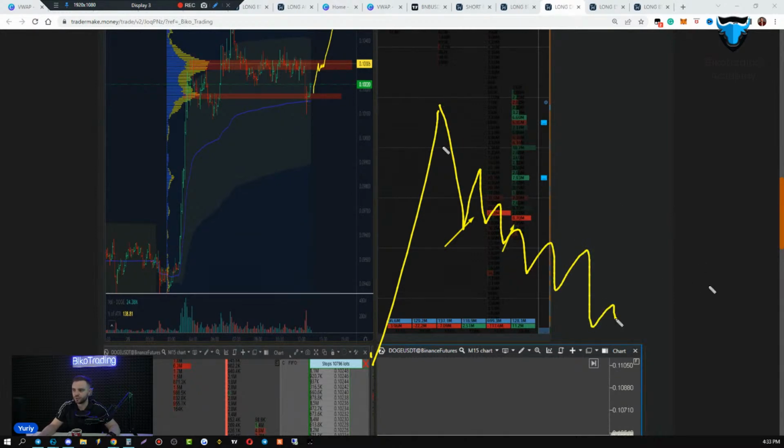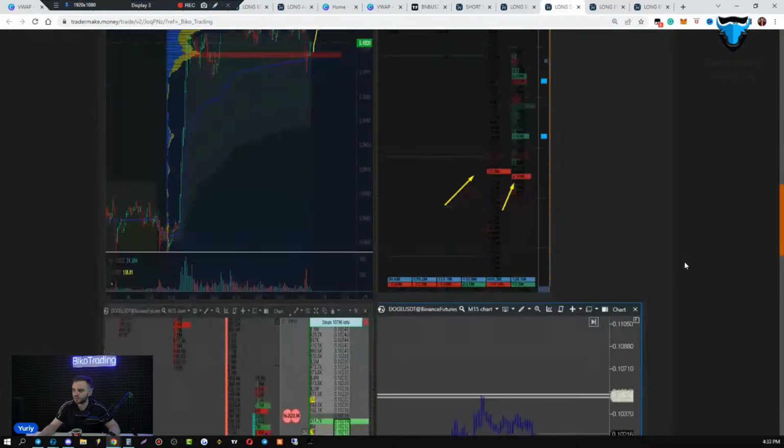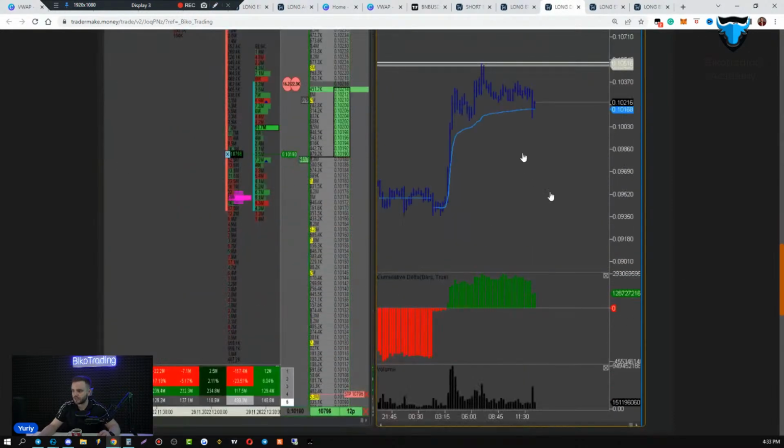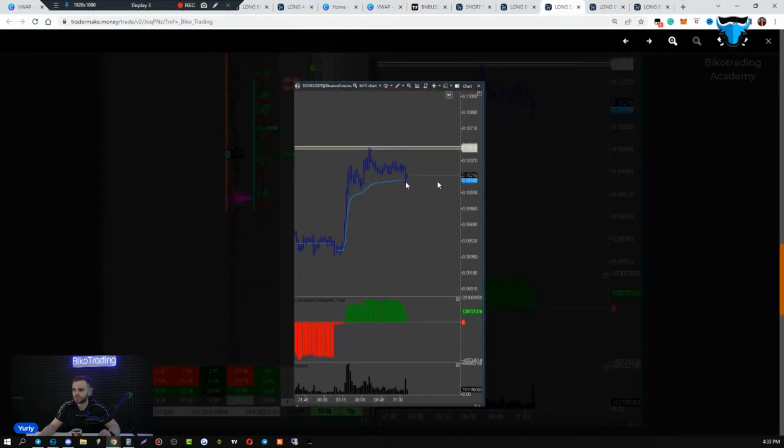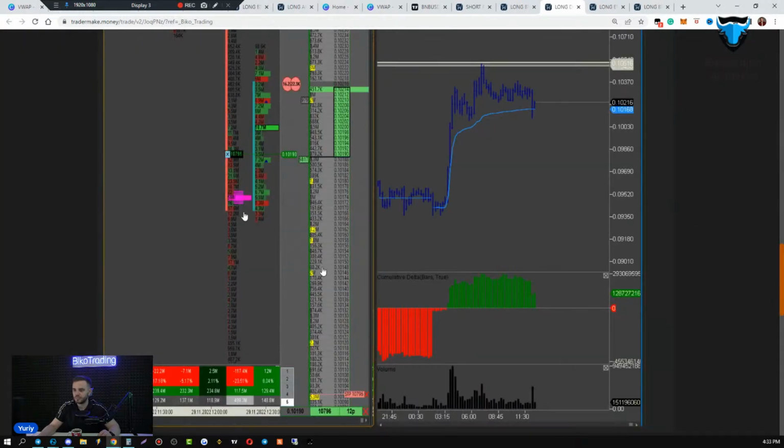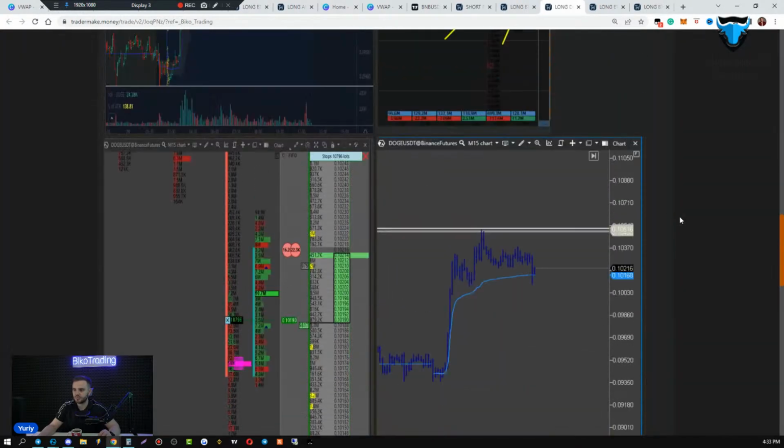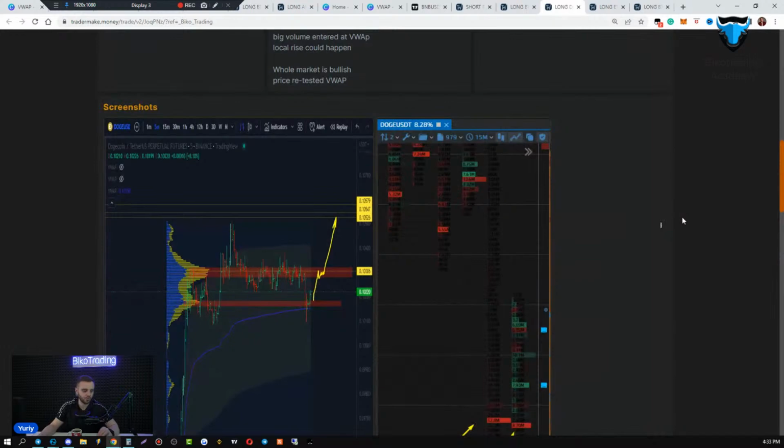But when you check VWAP, you often will see areas of deviations where you can take a trade. Have a look at this beautiful retest to VWAP and significant volume exactly at VWAP. That's an example for you of a trend day and VWAP as key support.